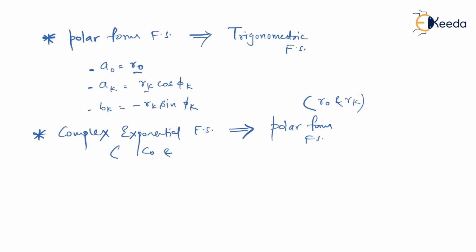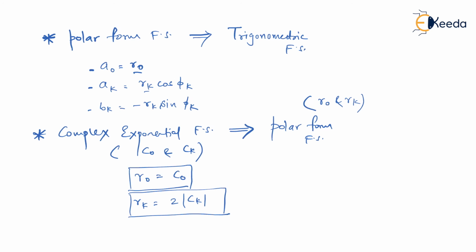Again, two types, C naught and Ck. So we know that R naught is simply C naught and Rk is twice the mod of Ck. So this is the relationship, and these relations are very important when it comes to solving numericals based on Fourier series, that is, GATE numericals I'm talking about.